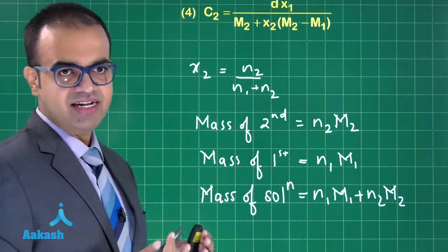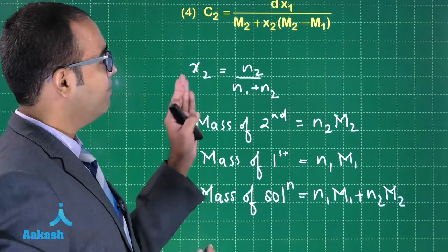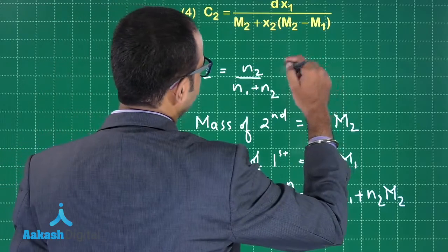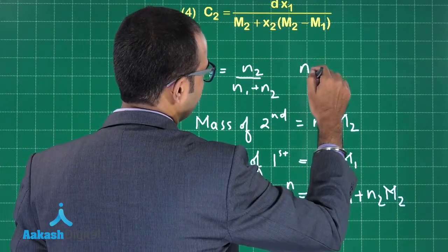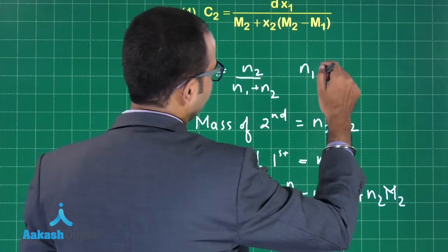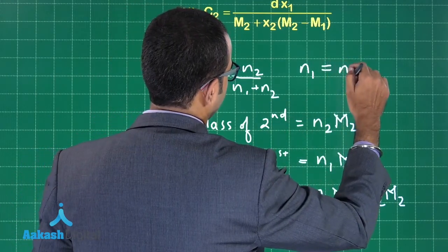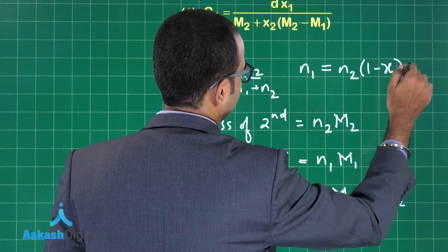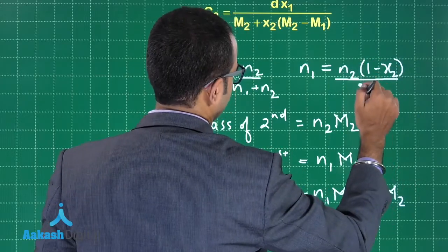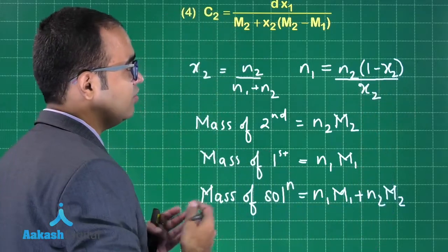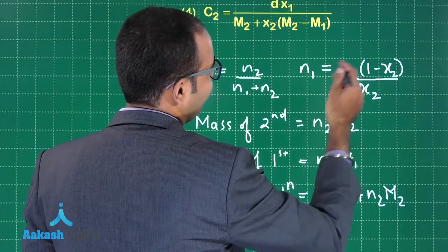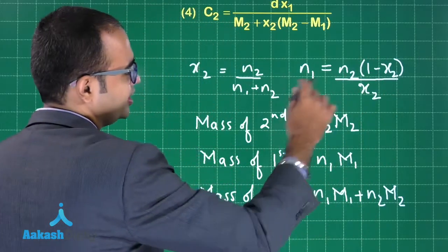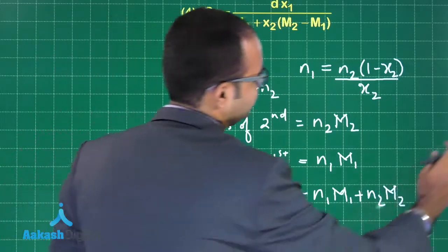In terms of mole fraction, if I express number of moles of the first component, N1 will be equal to N2 into 1 minus X2 upon X2. We substitute this over here, guys, okay. So let's see what do we get.